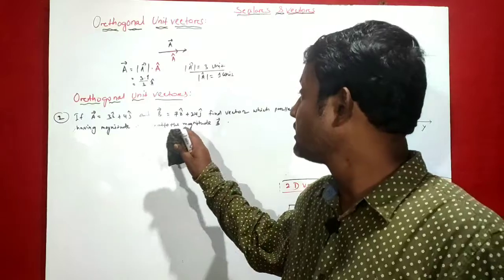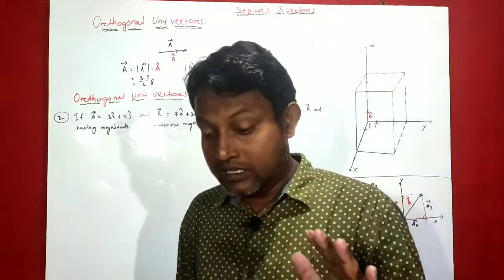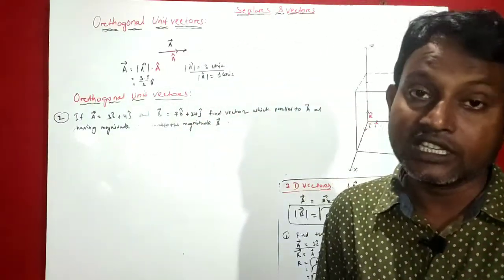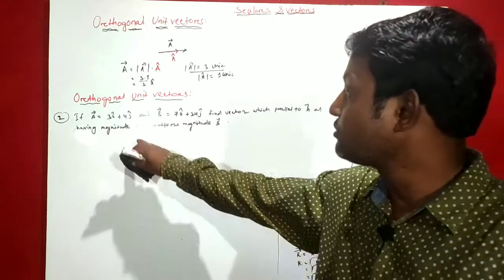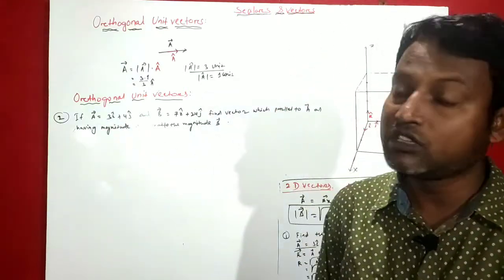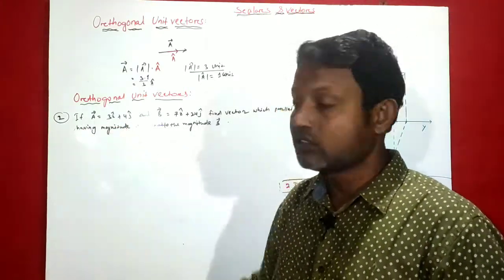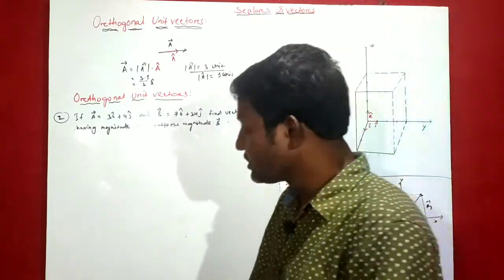Let this new vector be C, then C cap is equal to A cap, the unit vector of A.